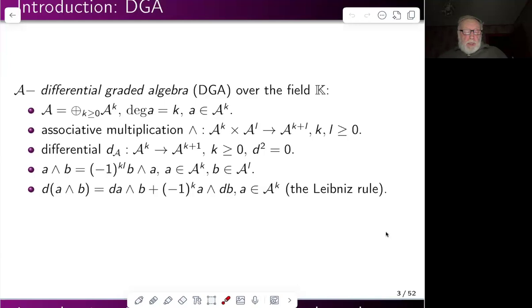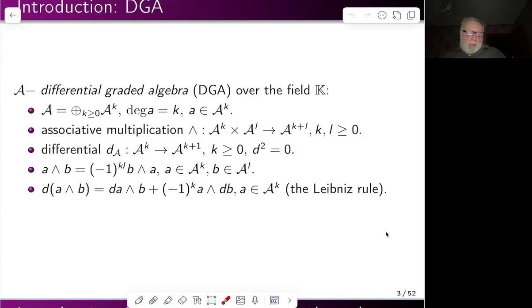Each component has elements of its own degree. And I also suppose that this object admits an associative operation, which I denote by wedge. Multiplication of objects from degree k and degree L gives you objects of degree k plus L. And also, we supply our space with a super differential with nilpotency, d squared equal to 0.